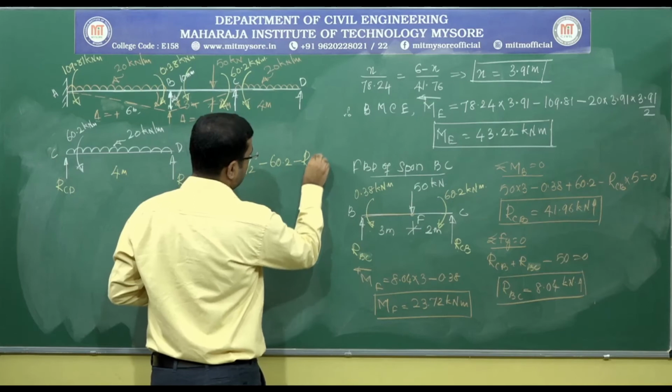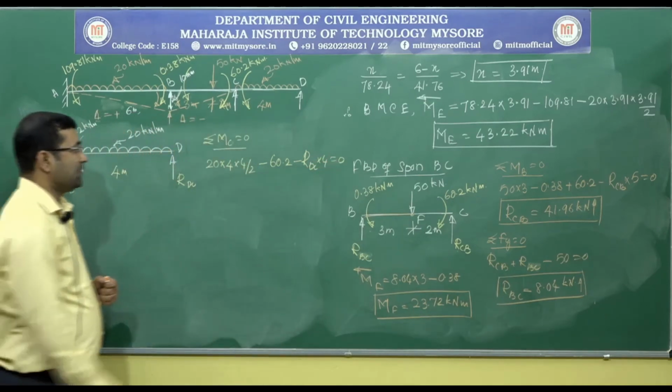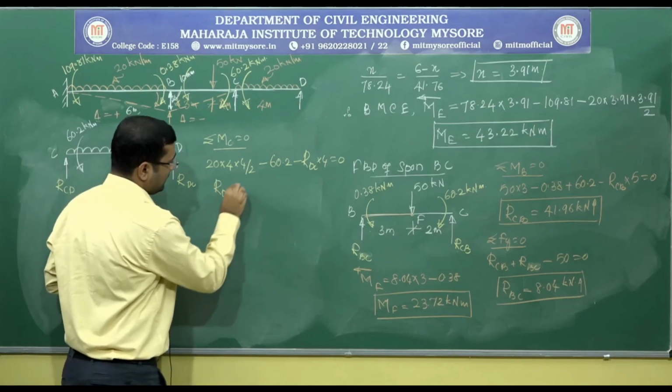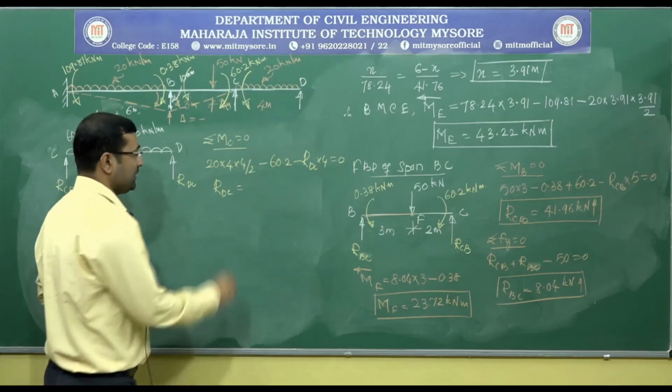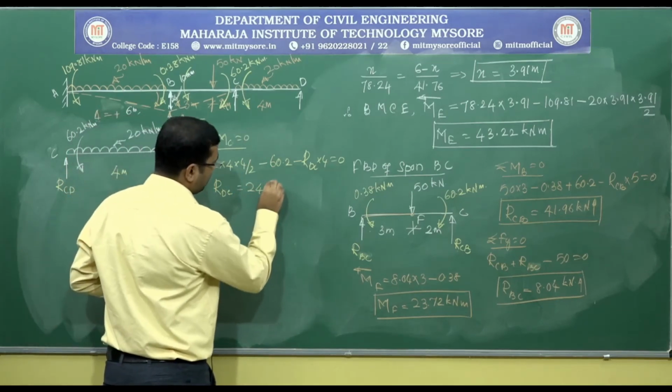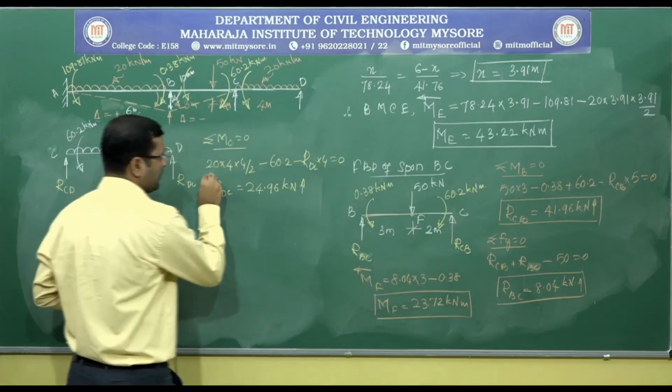So it is RDC into 4 equating it to 0. From this we will get the value of RDC as 24.96 kilonewtons acting vertically upwards.